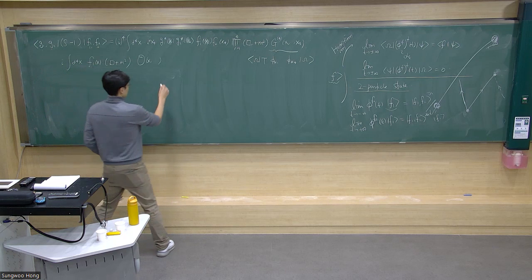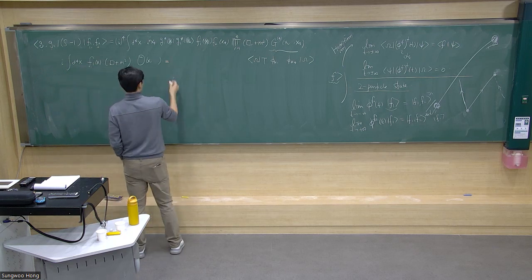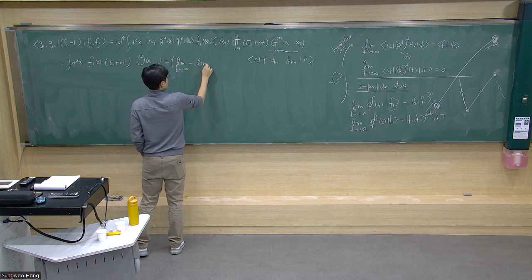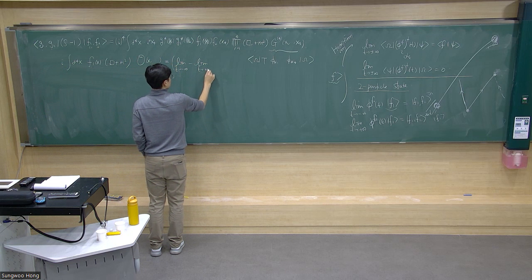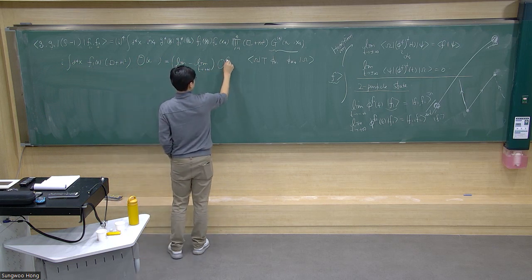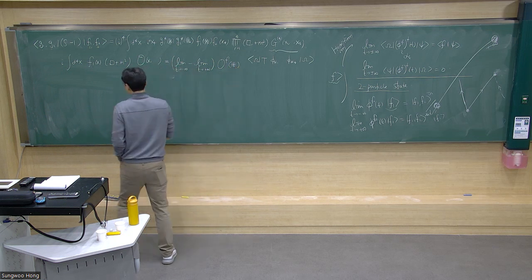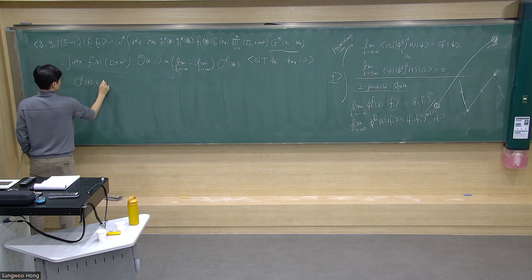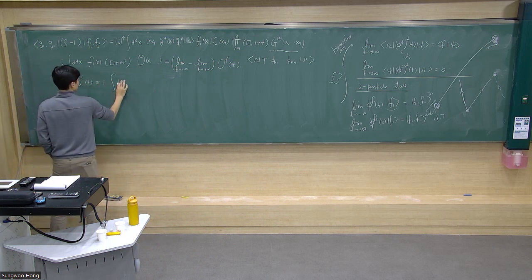So the answer is: A goes to minus infinity, B goes to plus infinity, and then this, where that object, O A, is defined basically the same way we defined already.